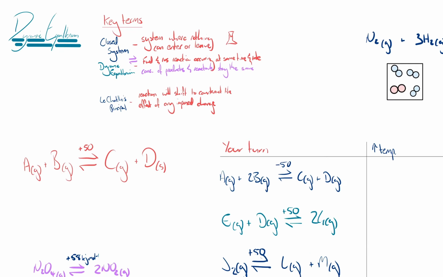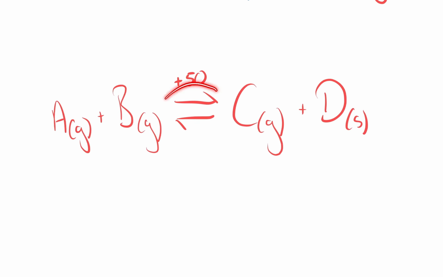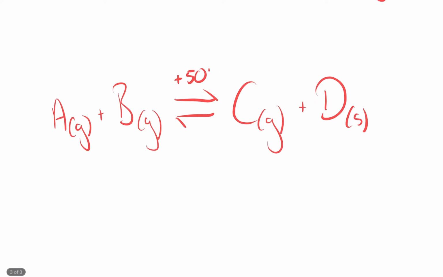So let's look at an example. So for starters, we know this is a reaction where equilibrium can happen because we have this reversible reaction symbol. It's got A plus B makes C plus D. Now we're told, and often you're told, what the forwards reaction energy change is. So obviously this is going to be in kilojoules per mole.